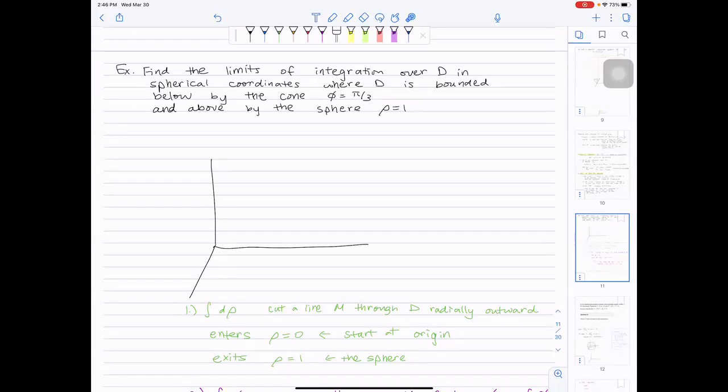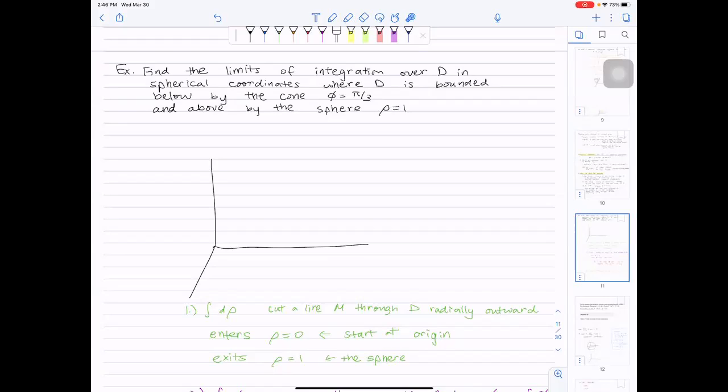Just imagine this pizza: you enter at 0 and you exit at the crust of the pizza, which is our sphere. Our region is not including the sphere part. And if we just had a cone, it would also be the full length of the cone's rho.